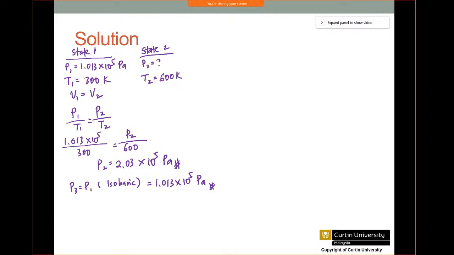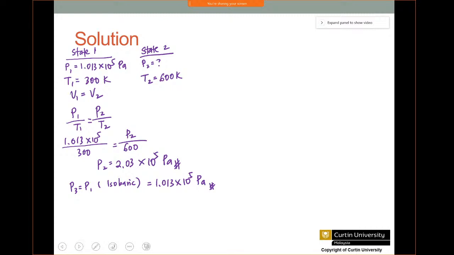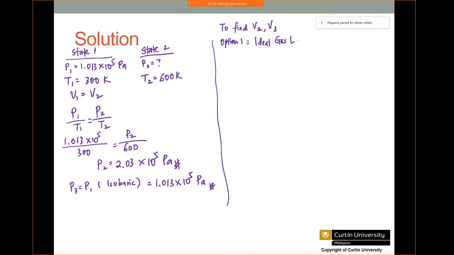Now to find our V2 and V3, because V1 is not given, you can either find with the first law of thermodynamics, or you can find by using the ideal gas law, since you have P2 V2 equals nRT2, right?